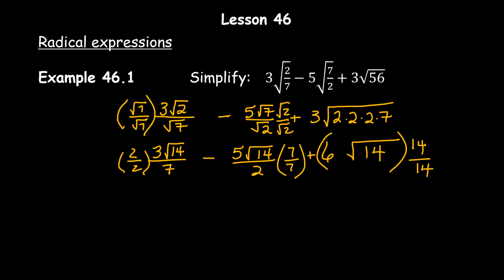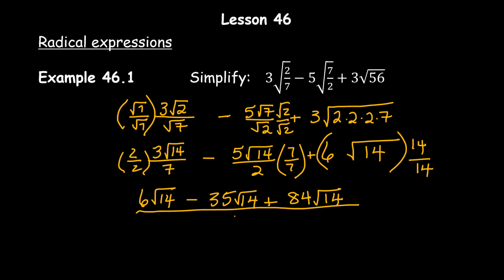So we've got a common denominator. We've got 6 square root of 14 over 14 minus 35 square root of 14 over 14 plus 84 square root of 14 over 14. So it's all over 14. And if I add that up, I'm going to have 55 square root of 14 over 14.